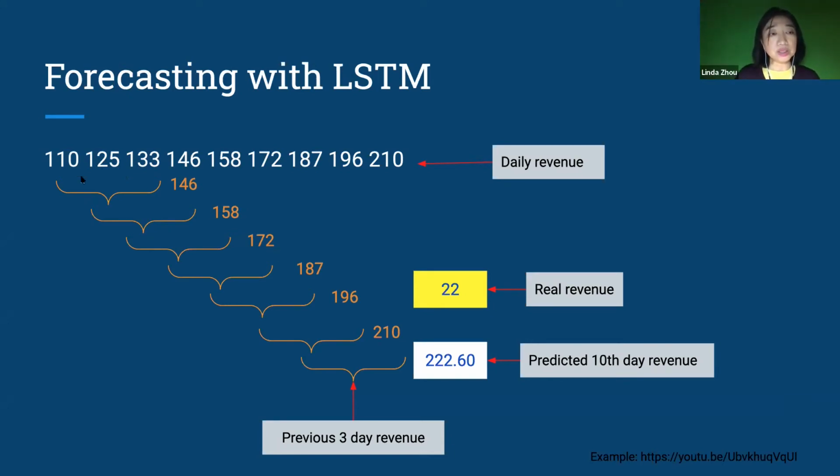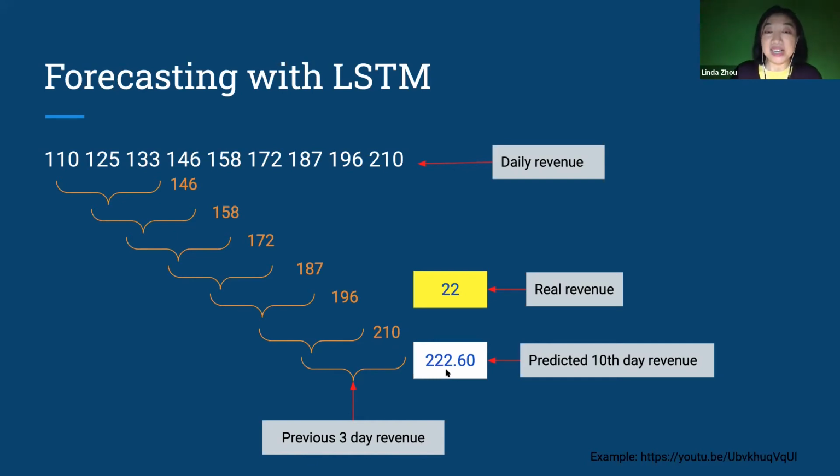You use the 9 data points to build your X and Y. Y is your label, and using this X, I can predict this Y. Once you go through all 9 data points, the last one is 187, 198, 210. If you run it through the algorithm, PyTorch or TensorFlow, the predicted value is 222.